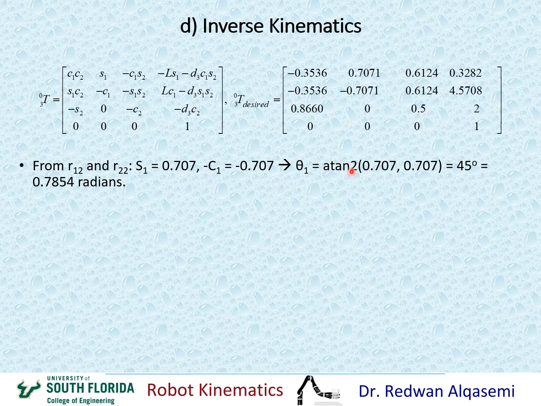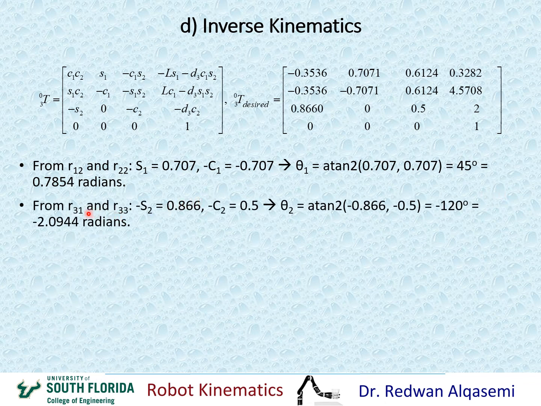This way you know which quadrant you're in instead of having a random solution, because inverse tan would have two solutions. In atan2, the first input is the sine, the second input is the cosine. We input these two here to find theta in the right quadrant. In this case, theta 1 turned out to be in the first quadrant, since both of these are positive, and it was 45 degrees or 0.7854 radians.